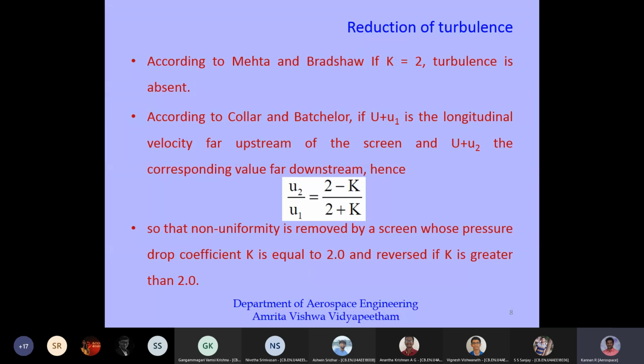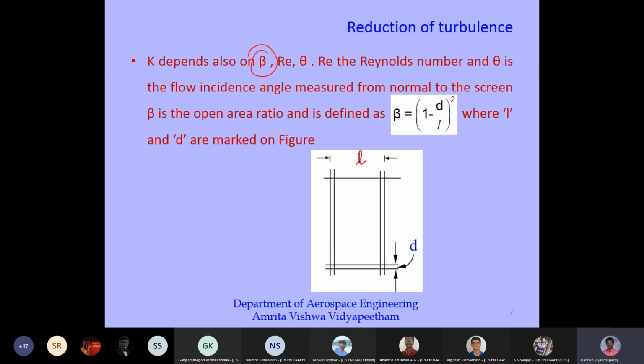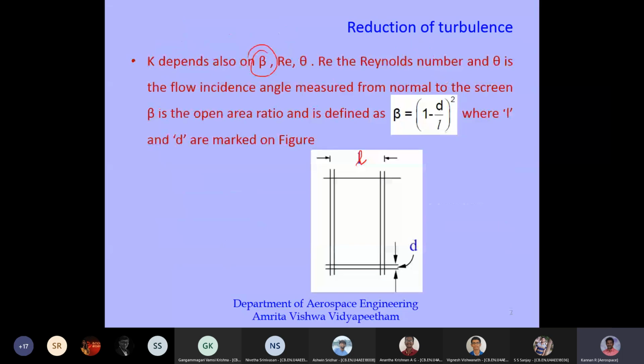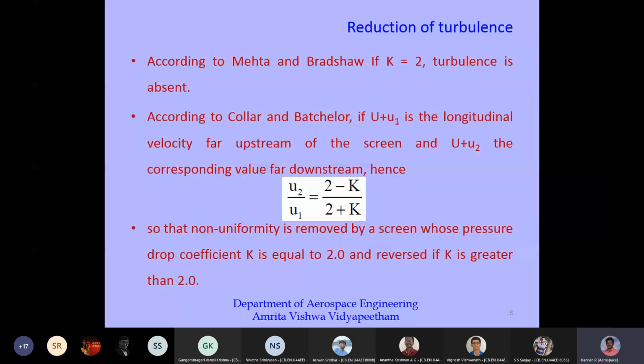As per Bradshaw, because he did a lot of work, whatever K value you have, K equals P1 minus P2 divided by half rho V square. If your K value is close to 2, the turbulence is going to be absent.